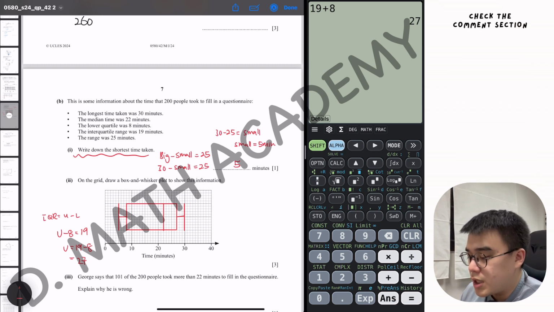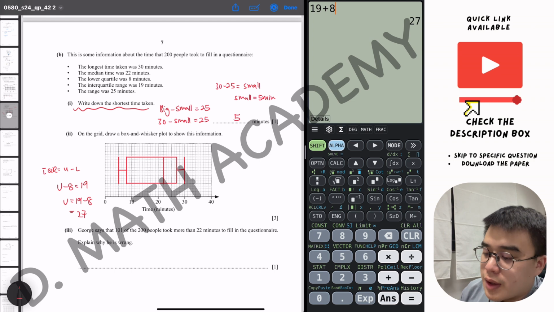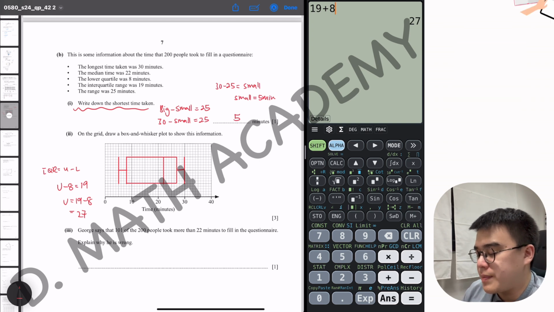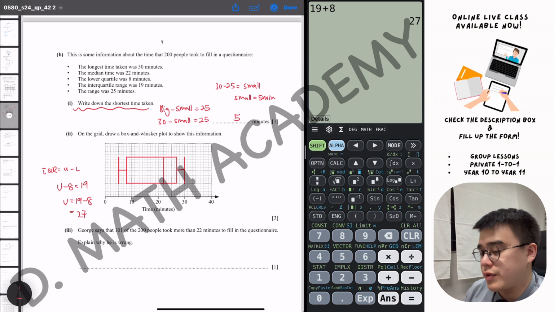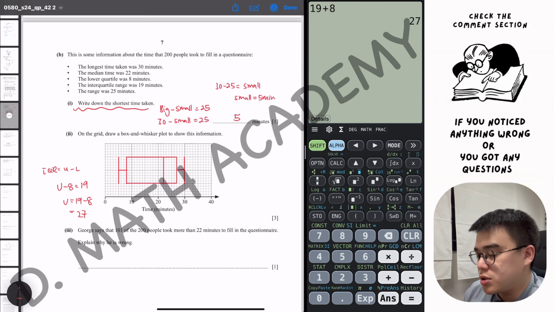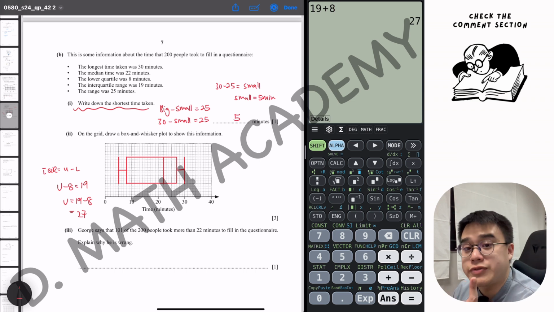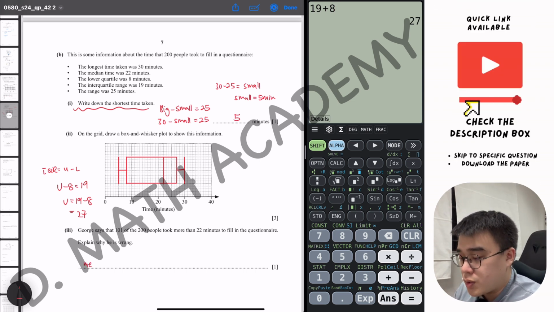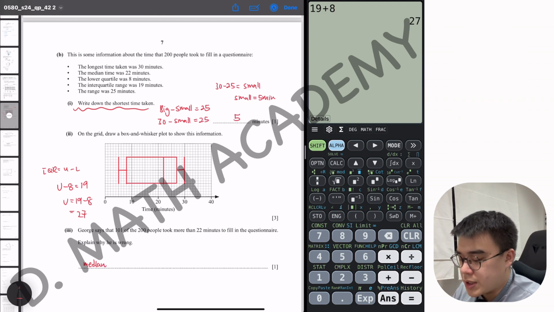Moving on to question B part 3. Someone says that 101 of the 200 people took more than 22 minutes to fill up the questionnaire. Explain why he's wrong. It's obviously wrong for one reason only, because the median was located at 22 minutes.